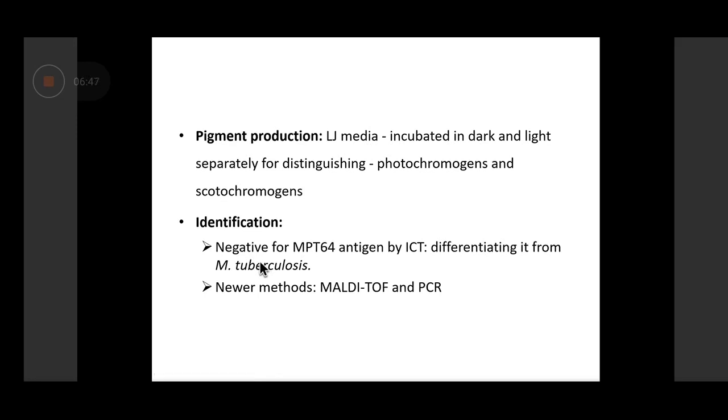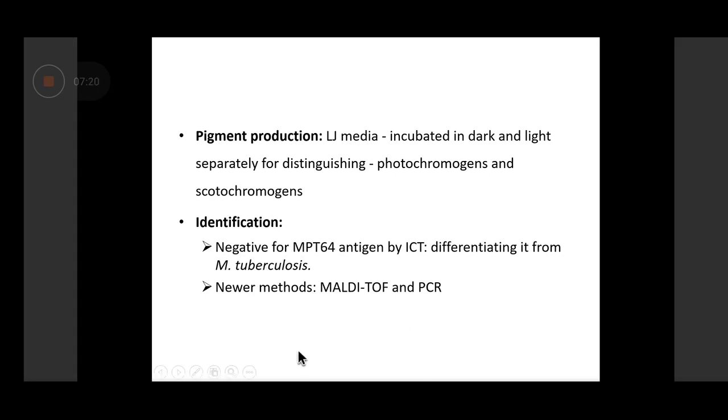So when we culture any sample, when we look for any mycobacterium species, that is tuberculosis or NTM, we incubate it both in dark and light separately, so that we can distinguish whether it is photochromogen or non-photochromogen. According to the pigment production, whether it occurs only in light or in both light and dark, we can categorize them.